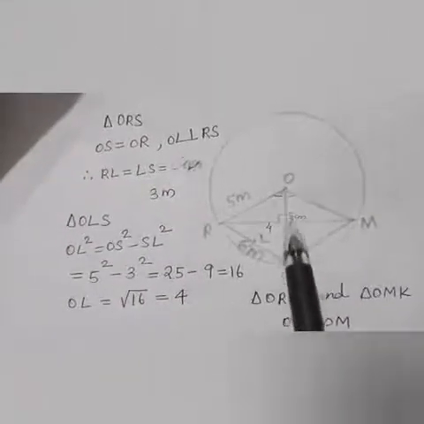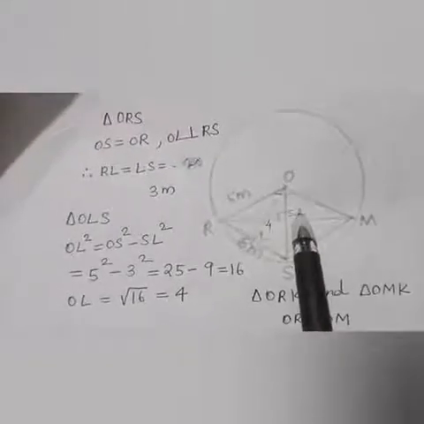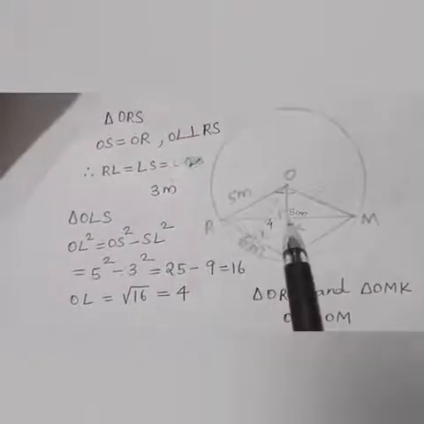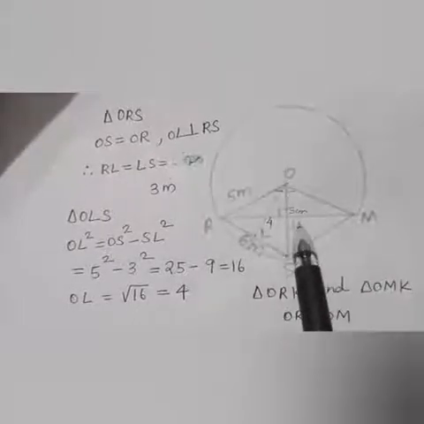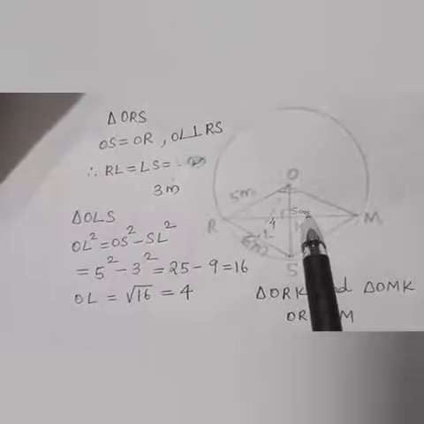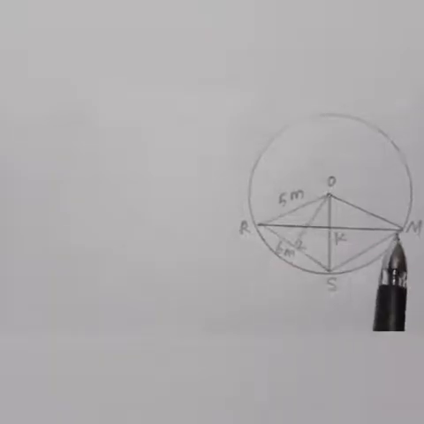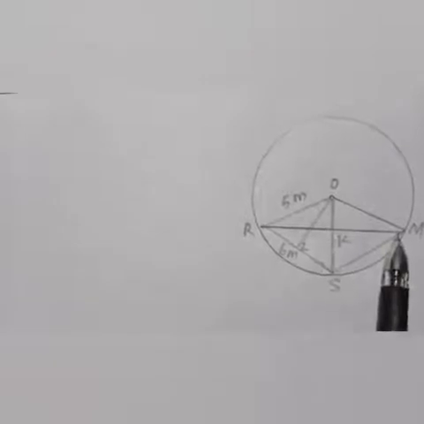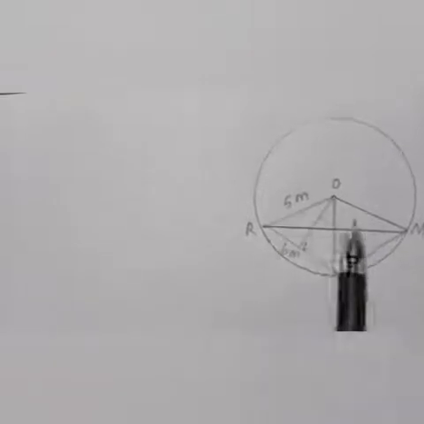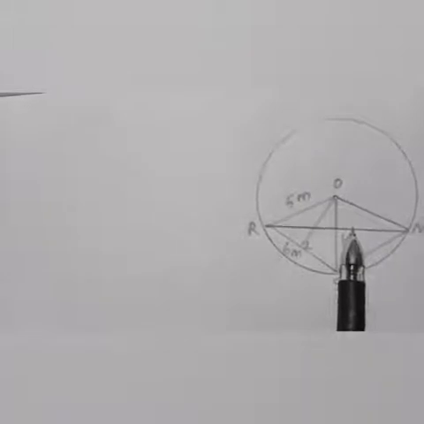Now OK is equal OK, common for these two triangles. Hence triangle ORK and triangle OMK are congruent by SAS congruency rule. Hence RK equal KM, corresponding parts of congruent triangles. Hence OK perpendicular to RM.